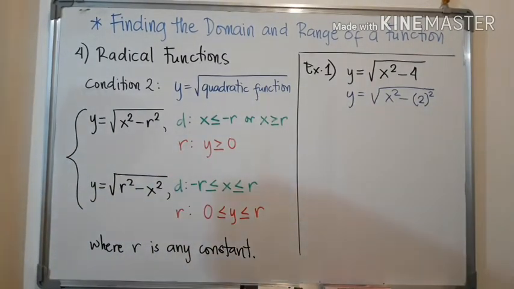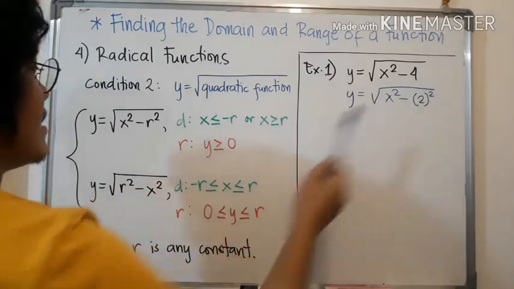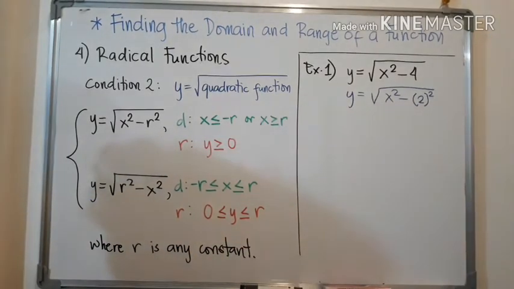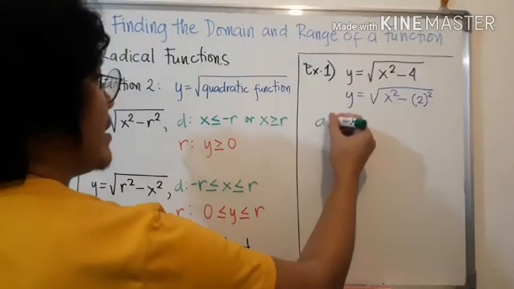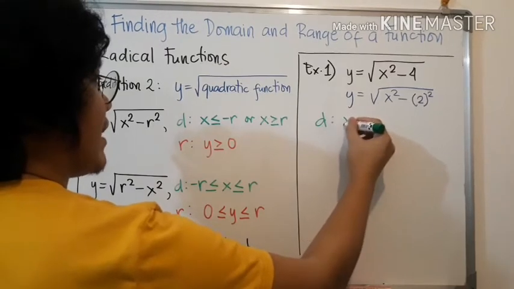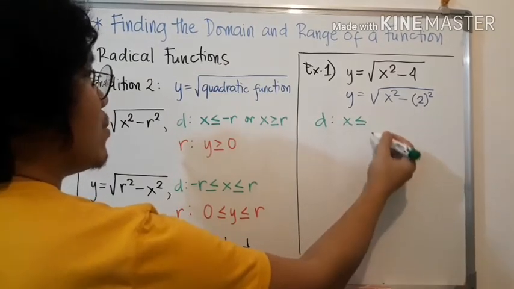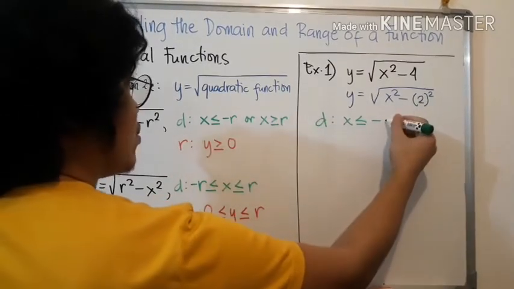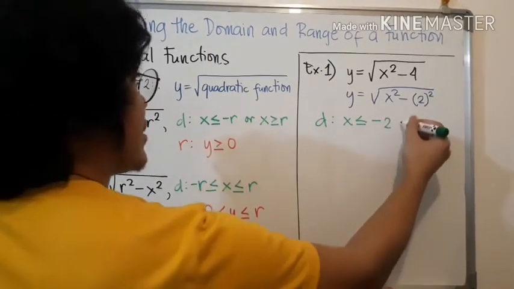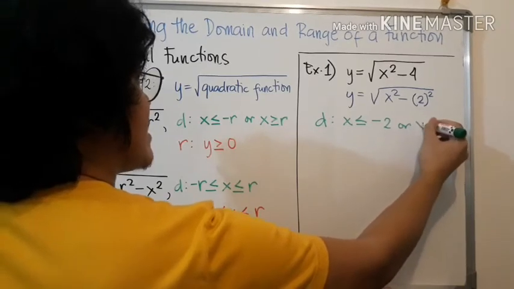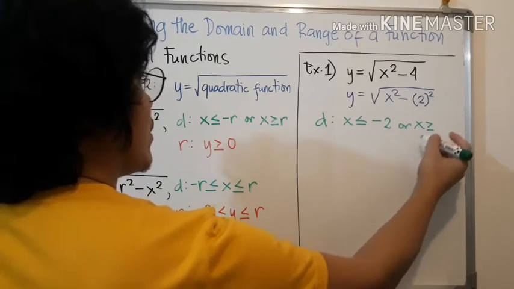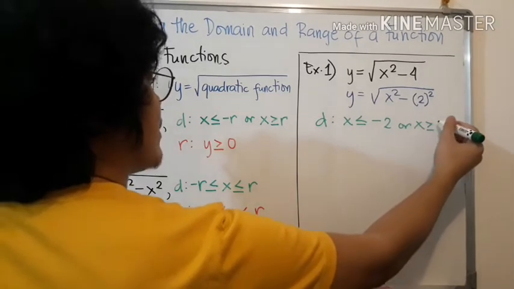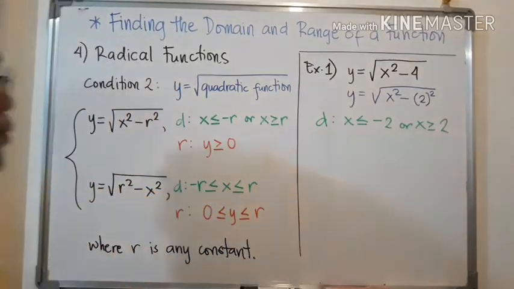So our r is positive 2. Therefore, our domain is the set of all x less than or equal to negative, our r is 2, or x is greater than or equal to positive r, which means positive 2.